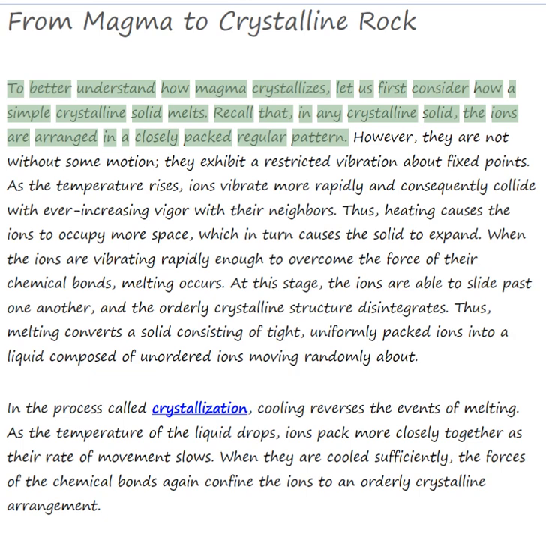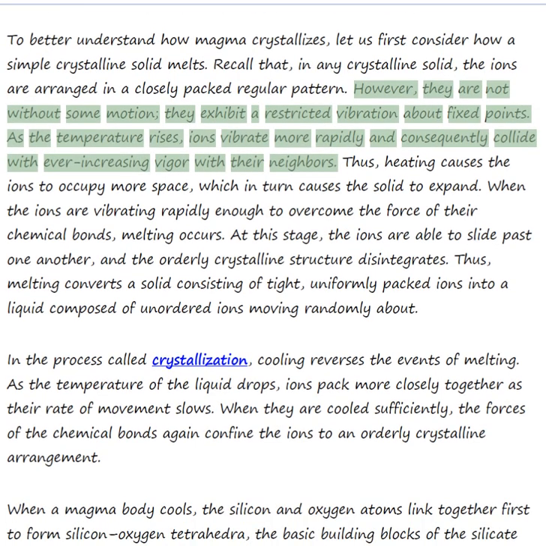To better understand how magma crystallizes, let us first consider how a simple crystalline solid melts. Recall that, in any crystalline solid, the ions are arranged in a closely packed regular pattern. However, they are not without some motion. They exhibit a restricted vibration about fixed points.